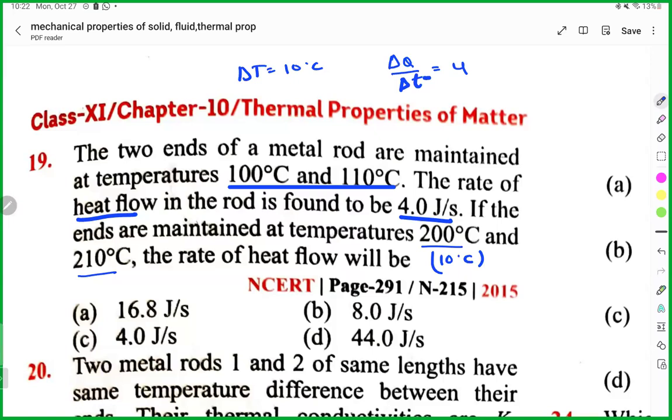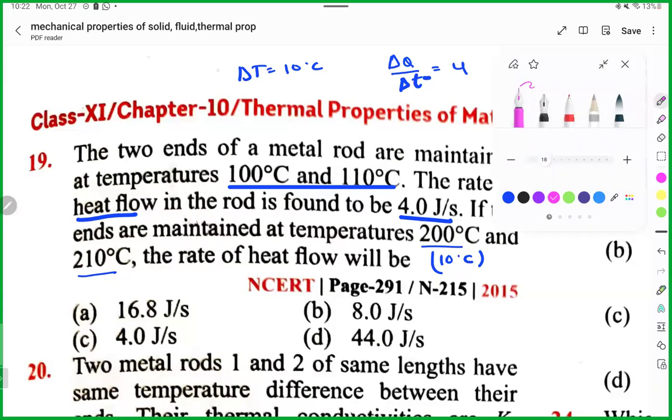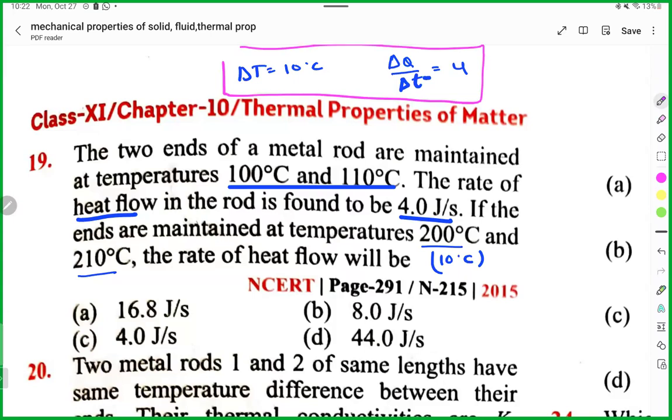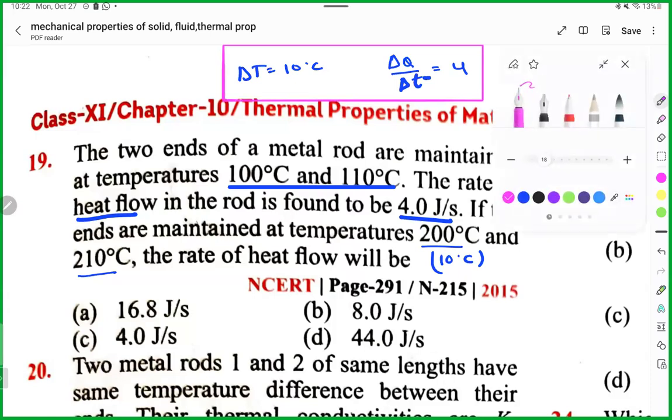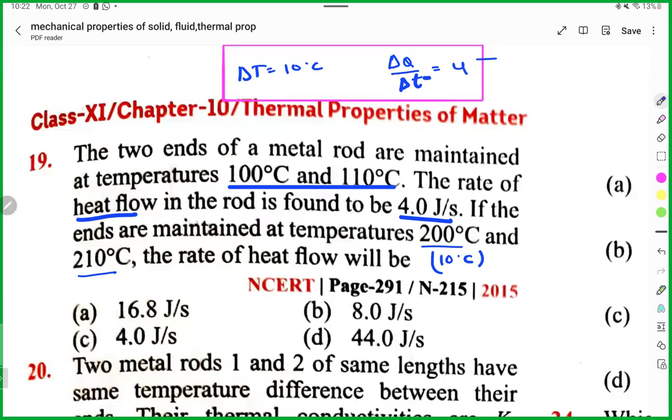Chandana, this is given in the question. Initially, the temperature was A or C? Option C, sir.